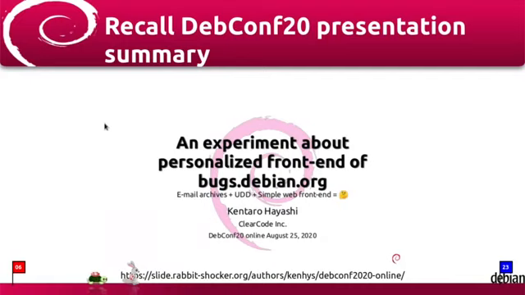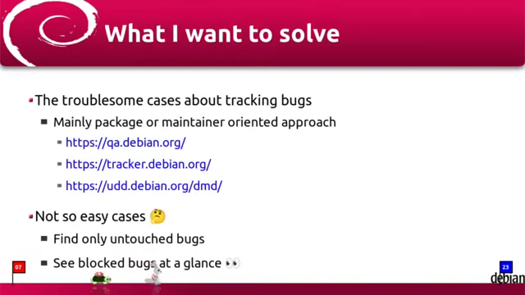System internals about the Fiber web service. There are many services in the Debian project: QA, Tracker, Debian Maintainer Dashboard, and so on. But from the point of view of tracking bugs, there are cases where it is hard to do.